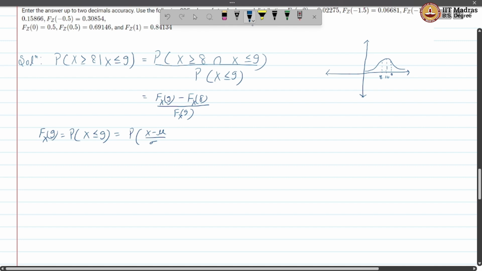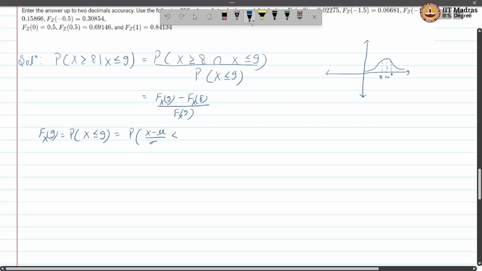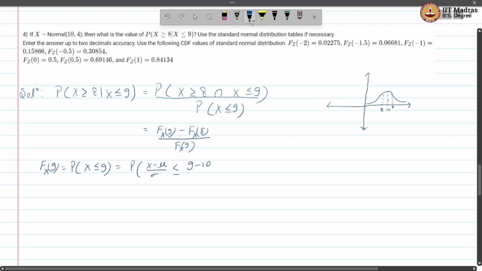So this will become standard normal, less than equal to (9 minus mu), and mu here in this case is 10, divided by standard deviation, which is 2. So this will be equal to probability that z is less than equal to minus 0.5. This is equal to 0.30854.